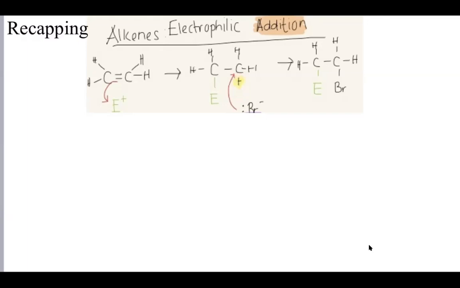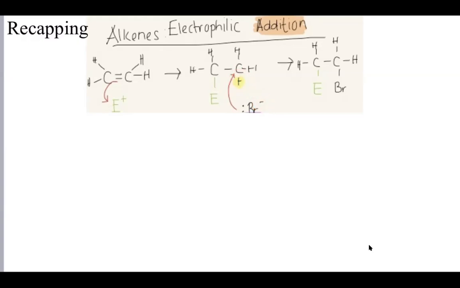Okay, so the next step is for the nucleophile, which is the bromide ion, to attack that positive carbon, because this nucleophile has a lone pair of electrons. Bromide ion as a nucleophile can donate its lone pair of electrons, and the positive ion and the negative ion cancel out.